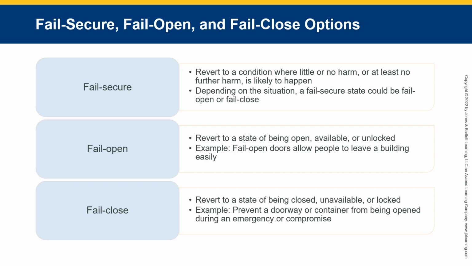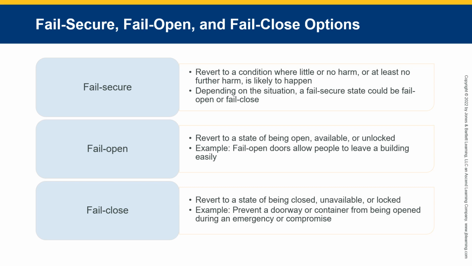Now, a real fail close situation could be an active shooter situation where everything becomes locked. If you are in an office building and an active shooter situation is occurring, every door should fail closed and be automatically locked.